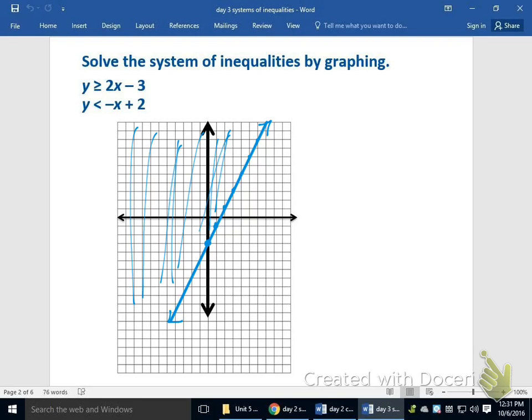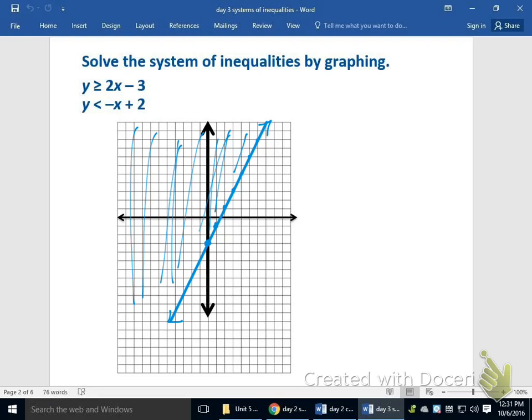To know for sure, you could do a test. You could test the point 0, 0 in the inequality, and it does come out as true that 0 is greater than or equal to negative 3. So that's the reason why 0, 0 is part of the solution set for this first one.